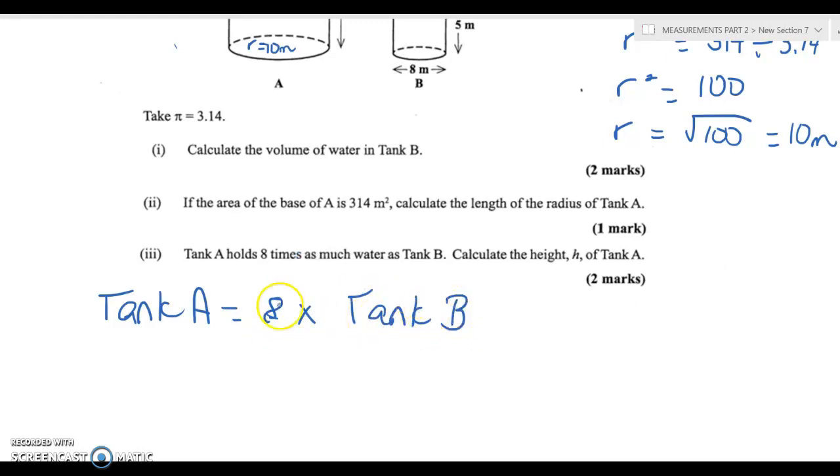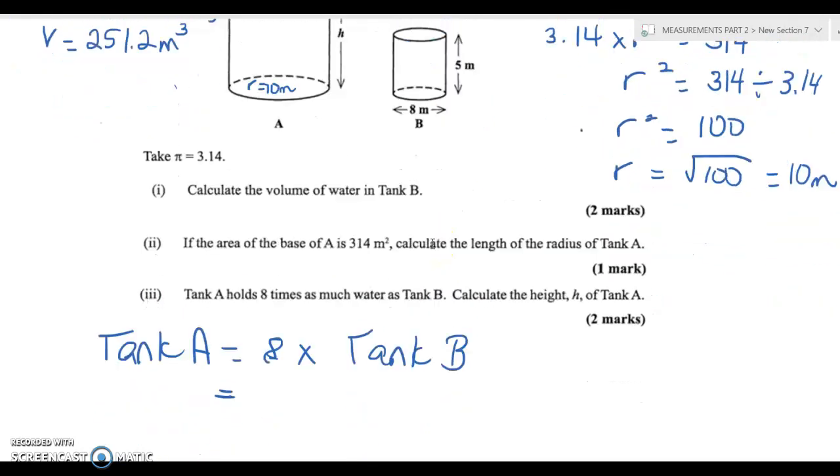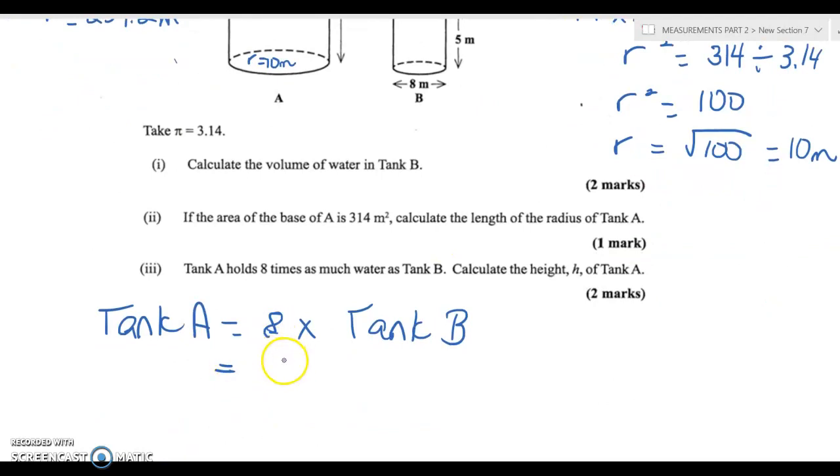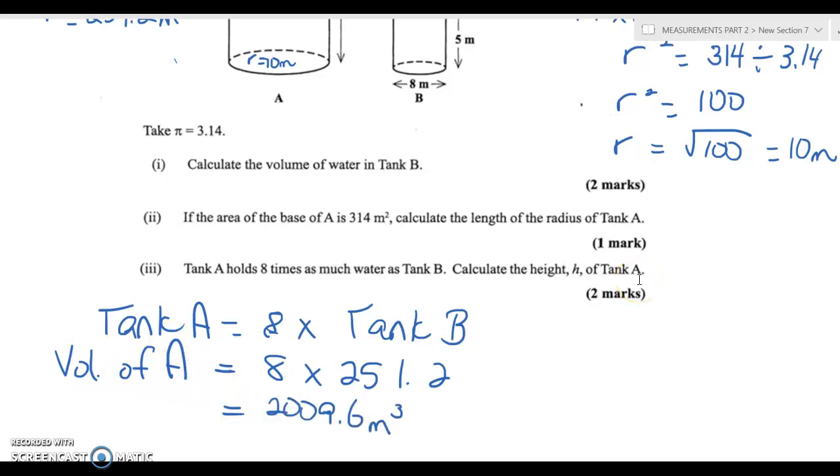So now we know the volume of tank B, which is, let's go back up, 251.2. So the tank A volume is 8 times 251.2. This will be the volume of A. And let's just work that out. So the volume of tank A, when you multiply it, is 2009.6 meters cubed.